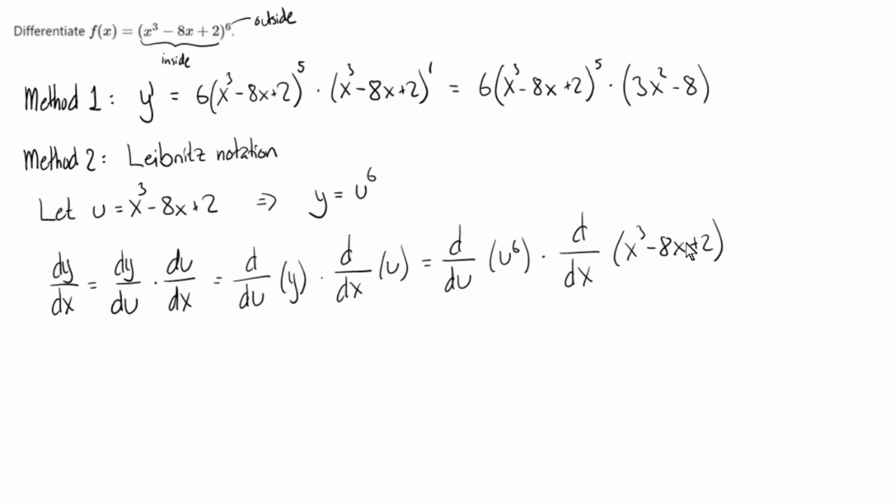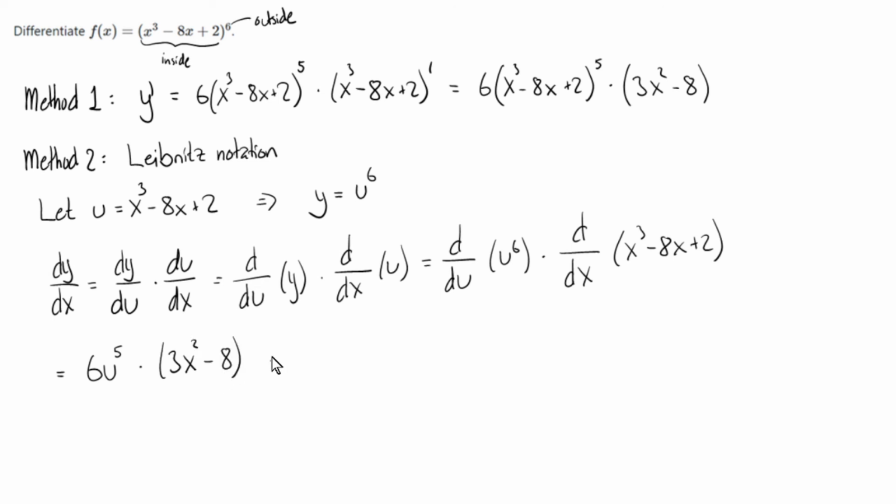Like that. So now we can go ahead and take the derivatives. The derivative of u to the power of 6 is 6u^5 times the derivative of the inside function here, which is 3x squared minus 8.